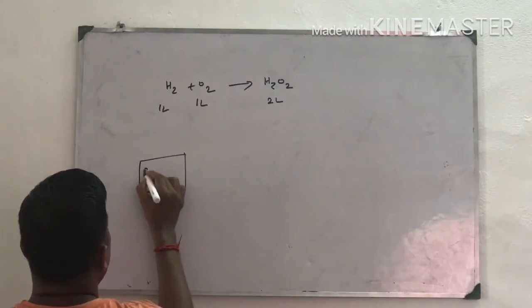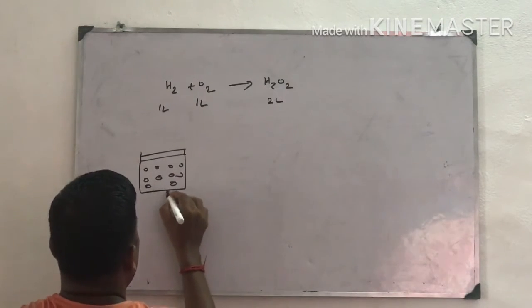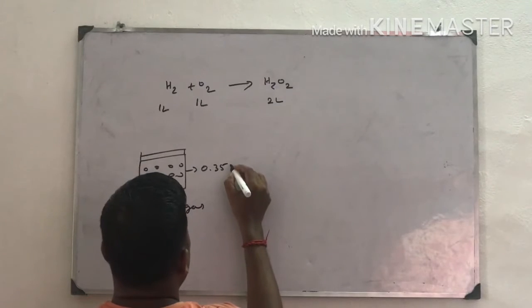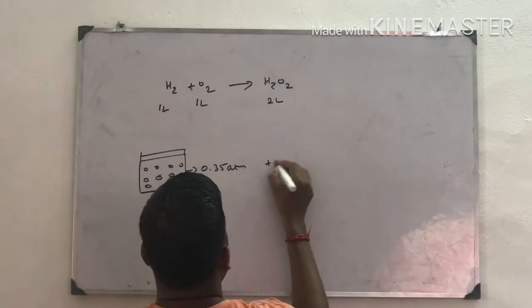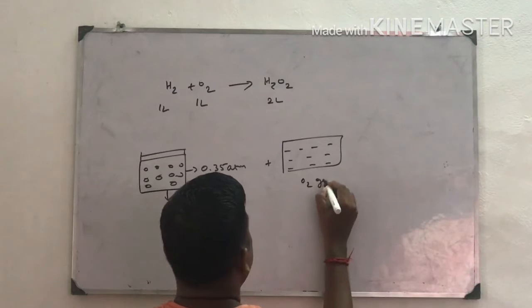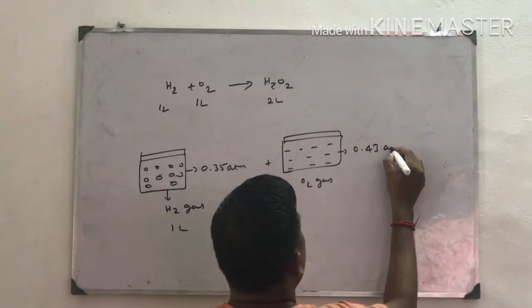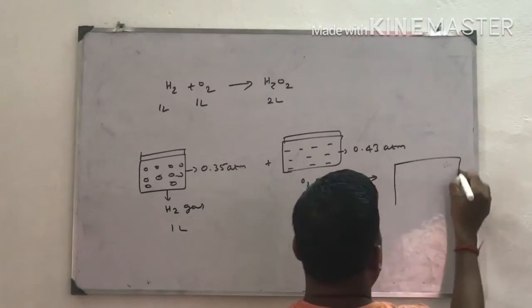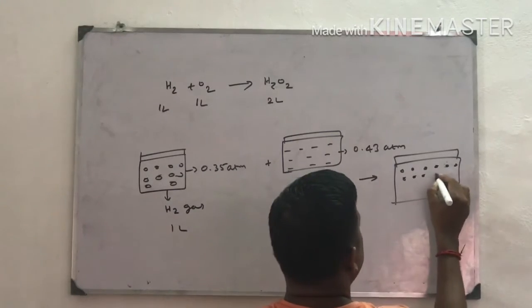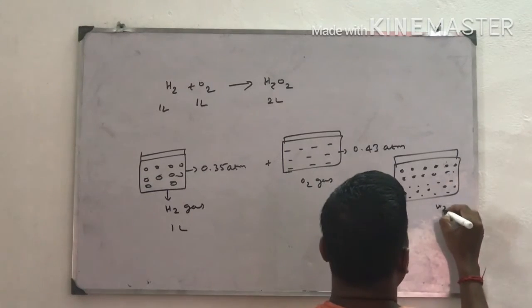This is one vessel filled with hydrogen gas, H2, 1 liter volume, at a pressure of 0.35 atm, plus 1 liter of O2 gas in another cylinder at a pressure of 0.43 atm, and they mix together in a closed vessel to form H2O2.